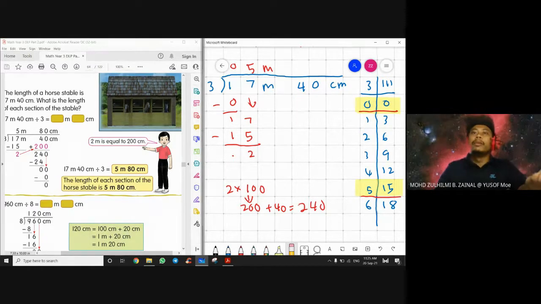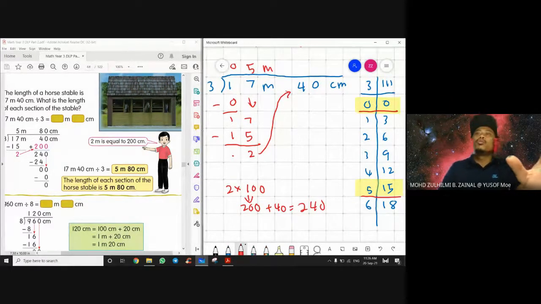Okay, the method is like this. This 2 is meters. So you don't have any more value for meters. If you continue, you will get 000. So you have to make sure this is transferred into this 40. So 2 meters equals 200 centimeters.